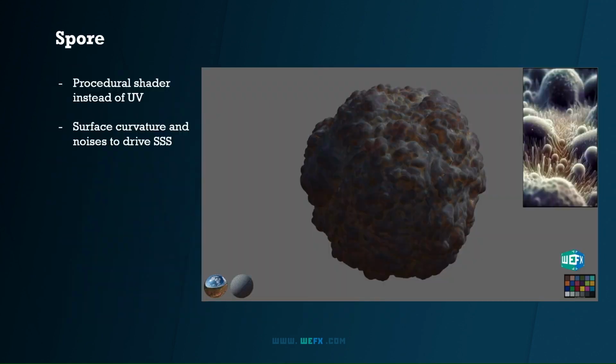One of the main assets that we needed to create for this sequence was the spore. This asset contained around 3 million points, which was quite heavy.